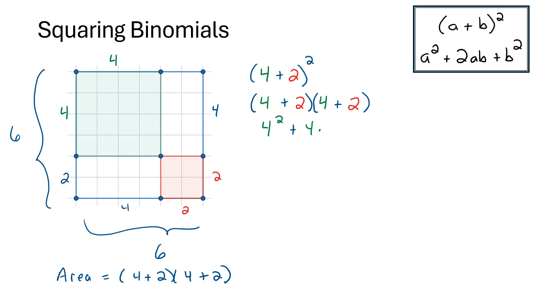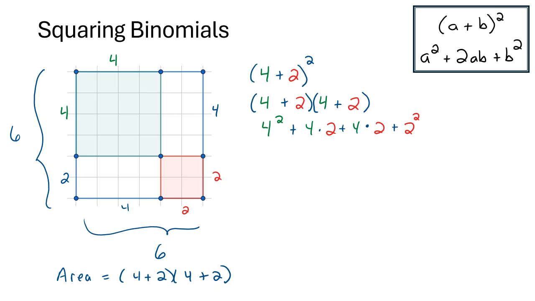And then we're going to have another factor of 4 times 2. And then we're going to have our last factor of 2 times 2, 2 squared, and we'll add that. Okay, there's our first, outside, inside, last.